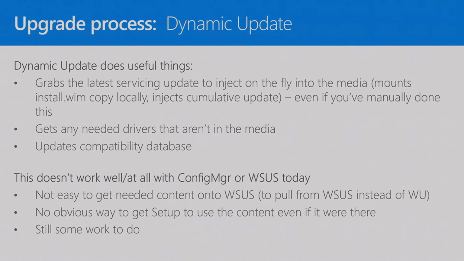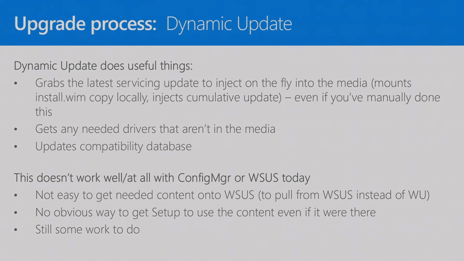Like Config Manager has added a checkbox that says, use Windows Update for dynamic update. It's not exactly phrased that way, but basically you can tell it to temporarily reconfigure the device to point to Windows Update so that it can download these pieces from Windows Update, do the upgrade to the latest feature pack, and then change it back to use WSUS for ongoing patching using Config Manager.